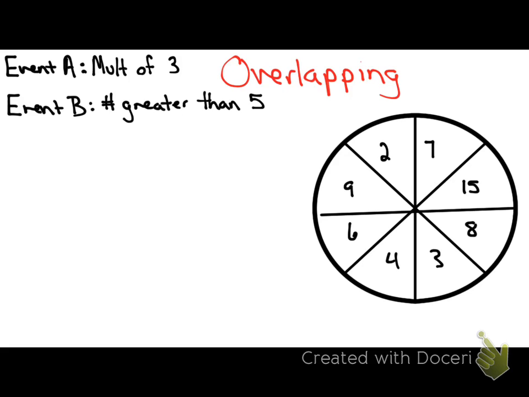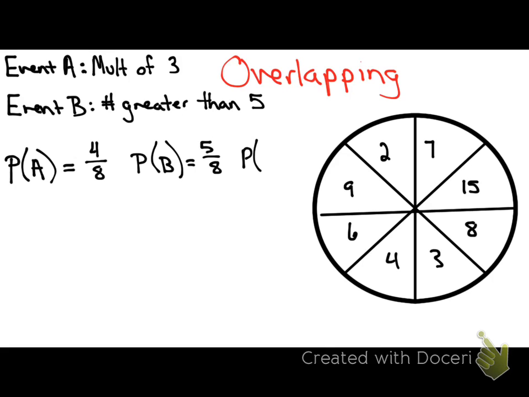Do you have that done? What's the probability that event A happens, that you land on a multiple of 3? 4 out of 8. What's the probability of event B happening? How many numbers on there are greater than 5? 5 out of 8. What's the probability of both happening?